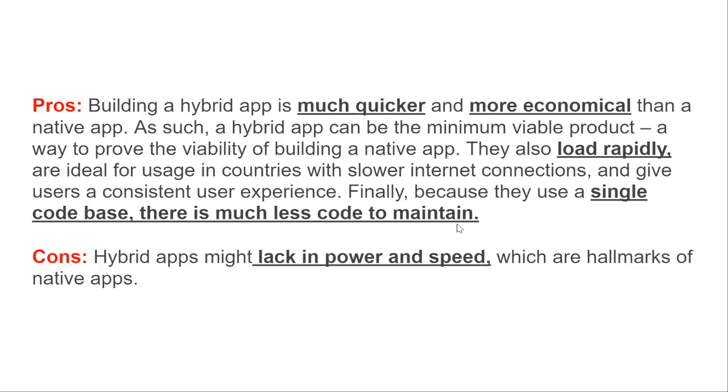They also load rapidly, are ideal for usage in countries with slower internet connections, and give users a consistent user experience. Finally, because they have a single code base, there is much less code to maintain. The con is that a hybrid app might lack in power and speed, which are hallmarks of native apps.